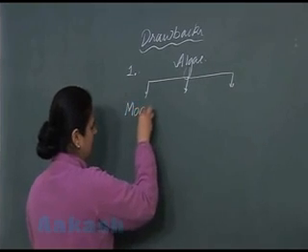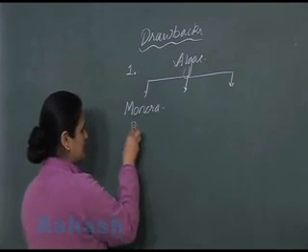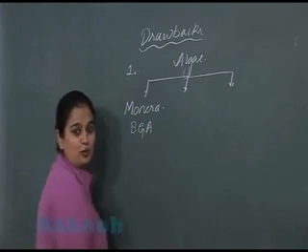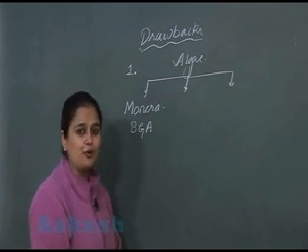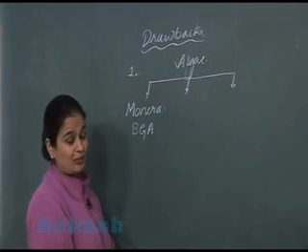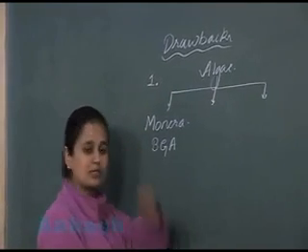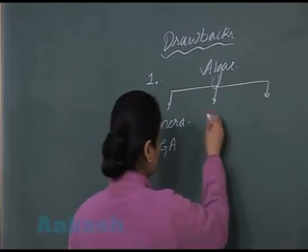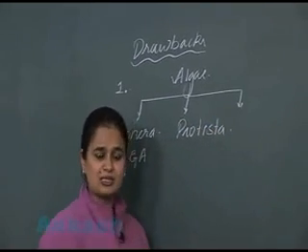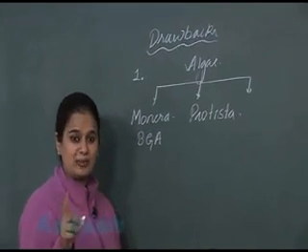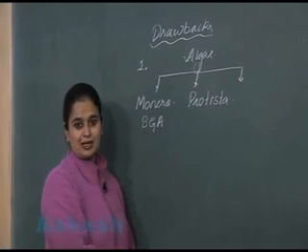One is Monera. Under the Monera, the algae which was placed is BGA, known to all of you. What is the full form? Blue-green alga. It is a prokaryotic algae. That's why by utilizing the system of Whittaker, it is placed under Monera. The second kingdom where the algae was placed is Protista. Under Protista is placed unicellular eukaryotic alga.